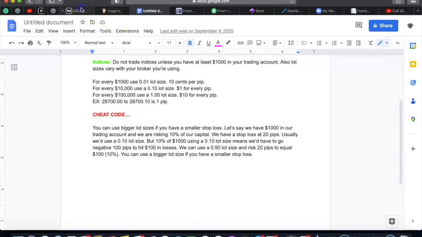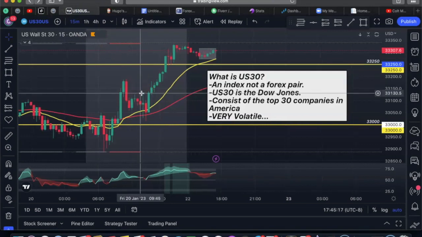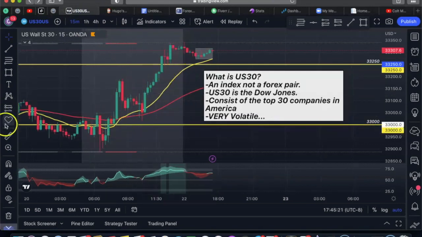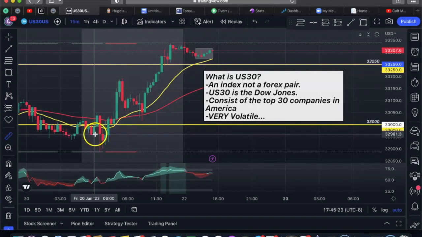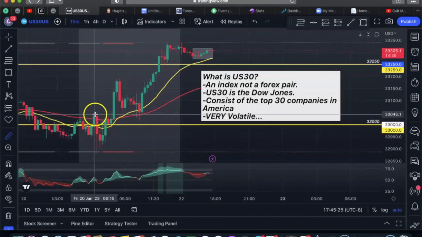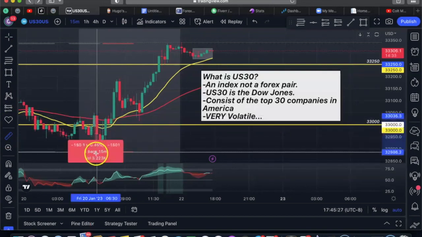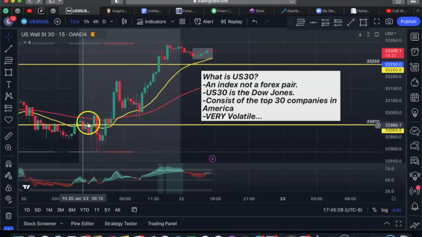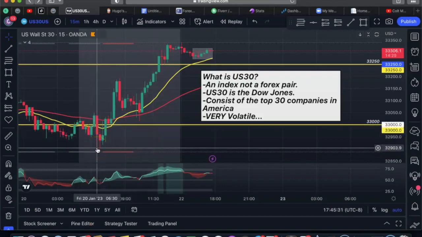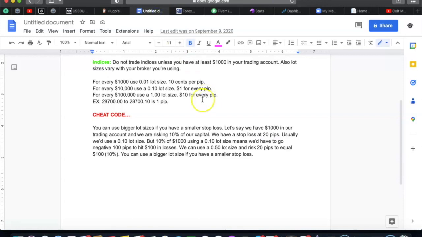If you go back and backtest it and look at all the moves they have, like from the market open right here at 6:15, down to this low right here, that's 1,500 pips in a matter of 15 minutes. Okay. Now, if we go back, we can see for every $10,000 that you have, you're going to use a 0.10 lot size.